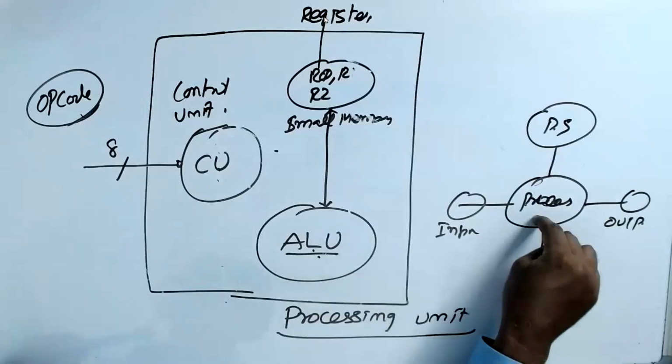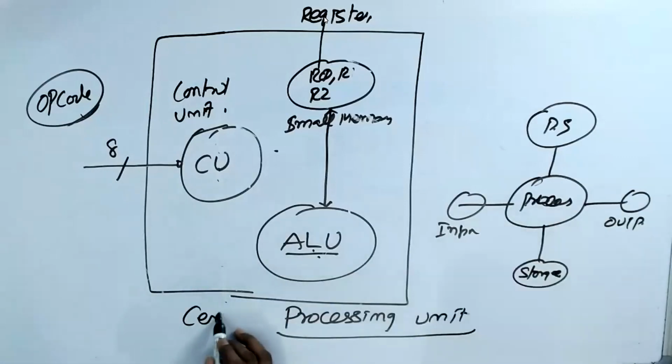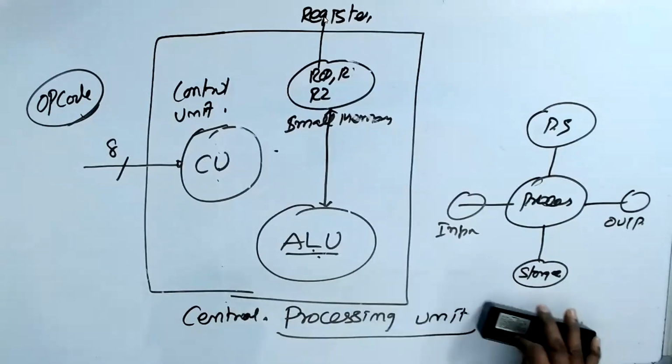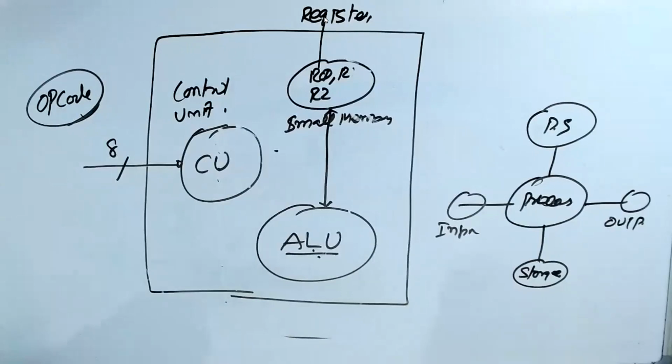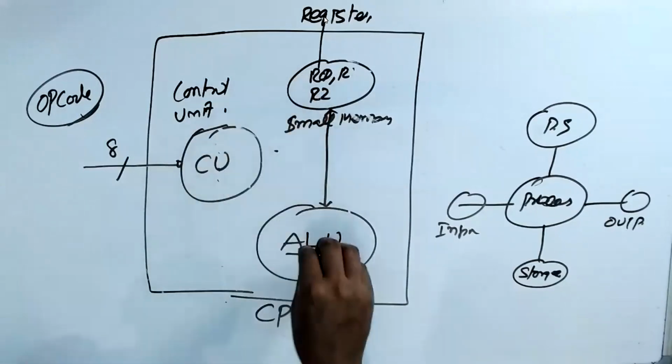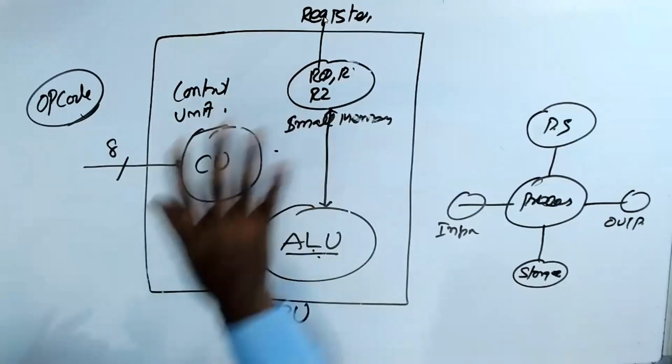Since it's in the middle, they call this a central processing unit. That's why they call this by a short name, CPU, Central Processing Unit. What the CPU does is it can execute the instruction, that's all. It cannot do anything else.